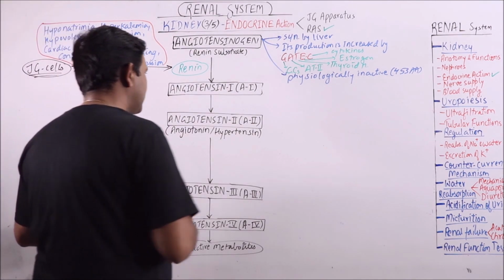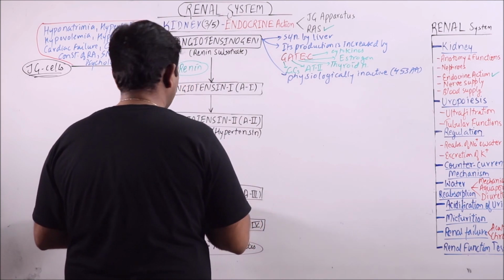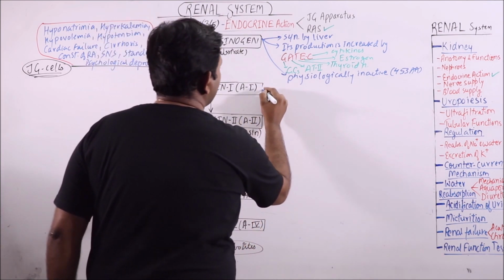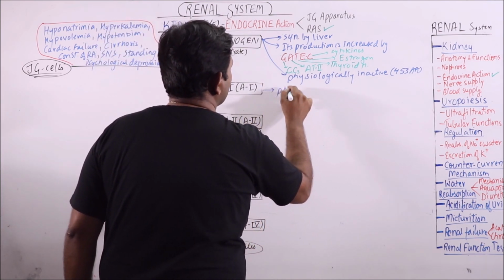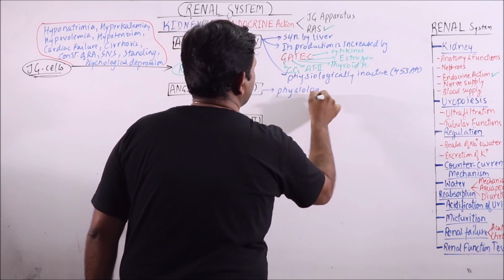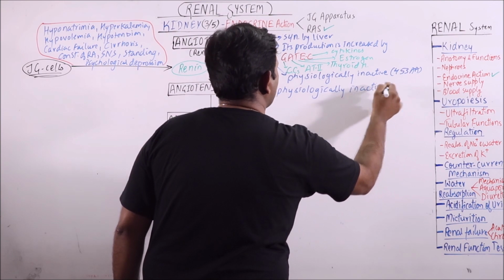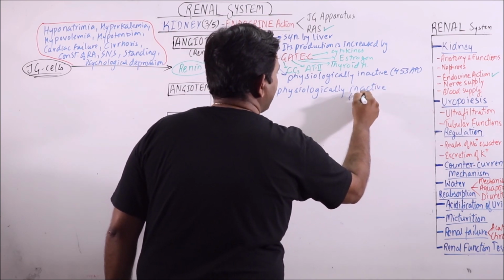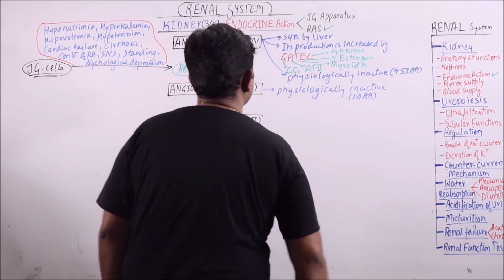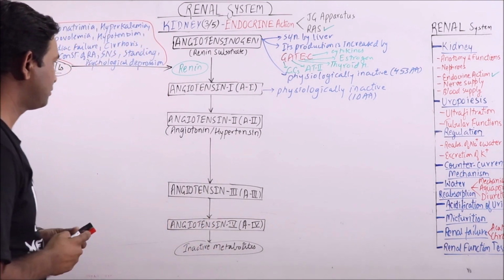Then finally angiotensin 1 is produced by the action of renin, and it is also a physiologically inactive metabolite and is made up of 10 amino acids, that is, it is decapeptide.